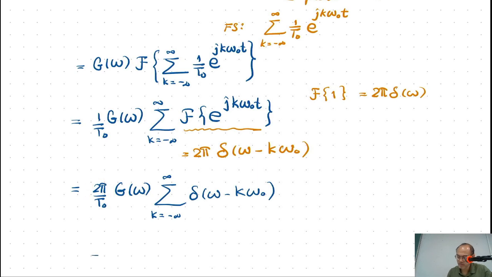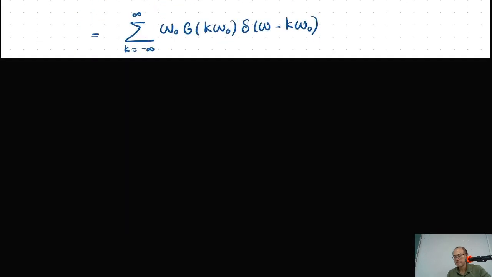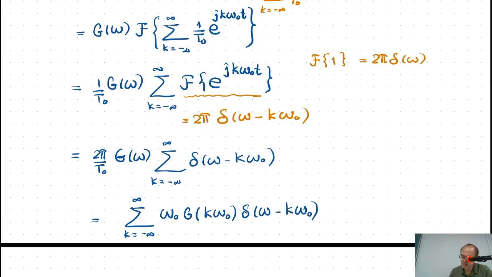So we have summation k goes from minus infinity to infinity and omega 0 g of k omega 0 delta omega minus k omega 0 here. And this is the spectrum of the periodic signal that we are after.